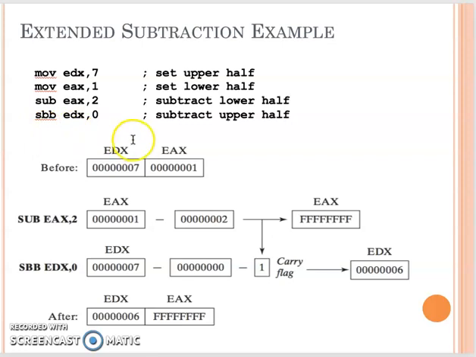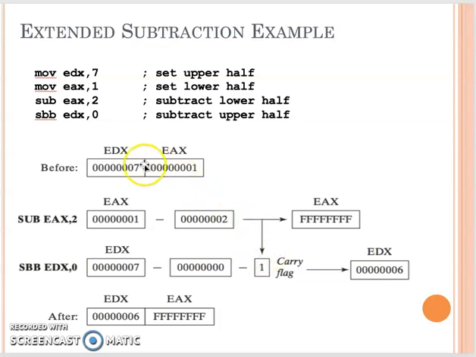If you are still confused, you can use this picture to help you see. Earlier we have the EDX and EAX value, and we want to minus 2. That's why we only use this 32-bit operand to minus 2. But after we subtract, the EAX value becomes FFFFFFFF and the carry flag will be set.